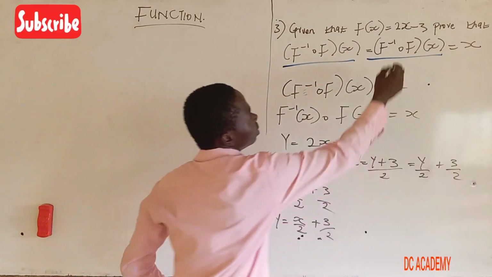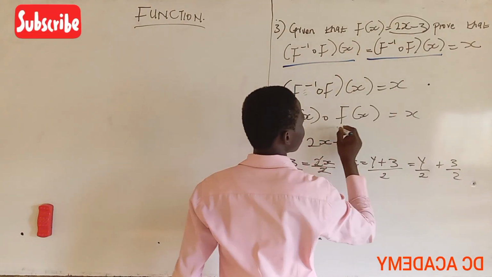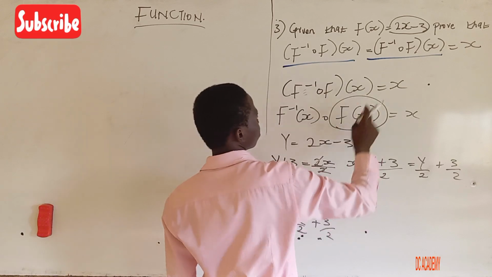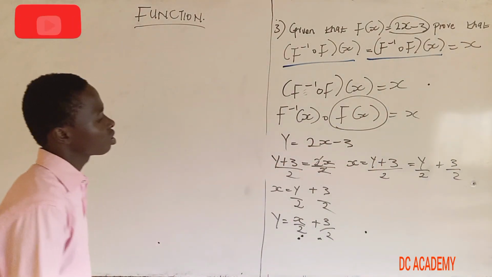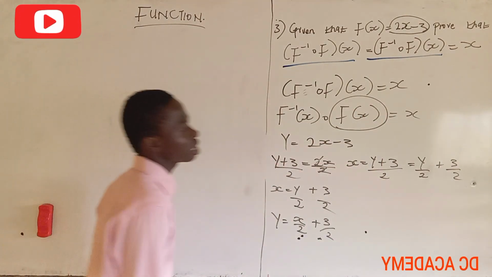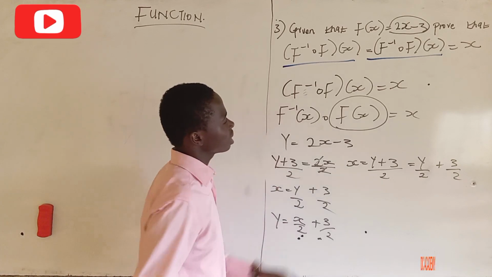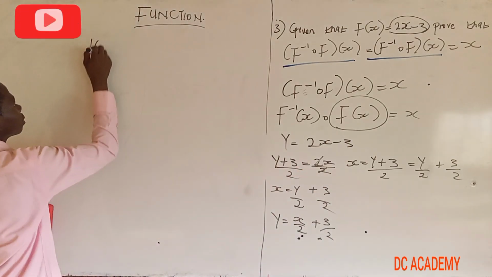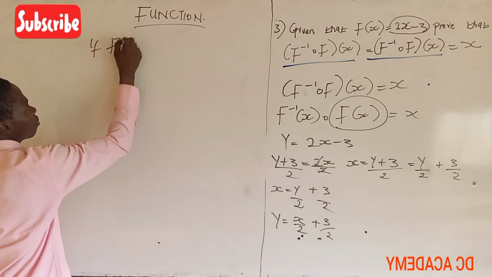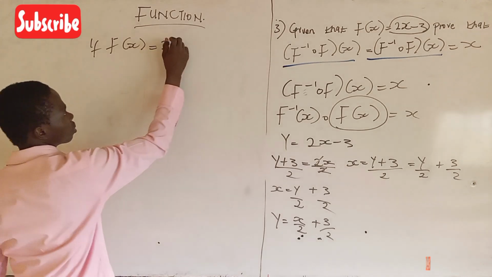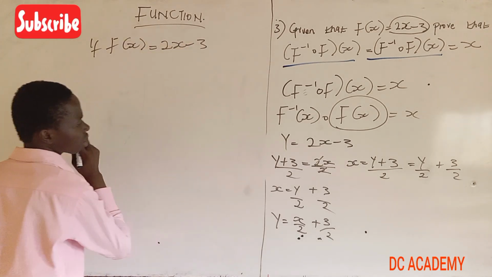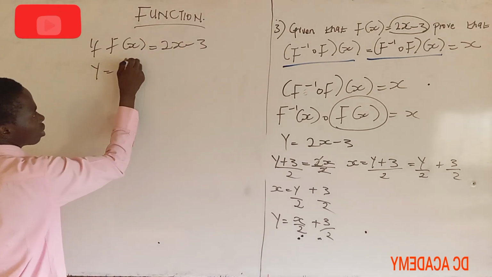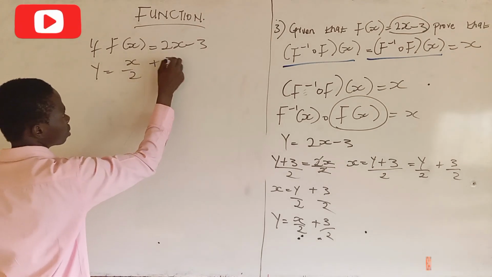So let's solve it now. If f of x is equal to 2x minus 3, and y is equal to x over 2 plus 3 over 2.